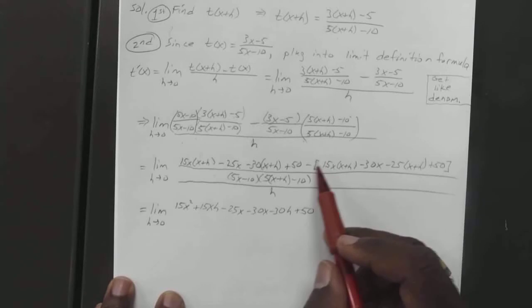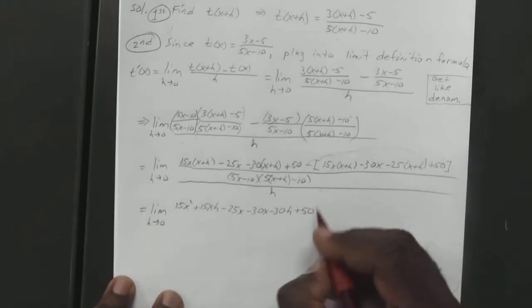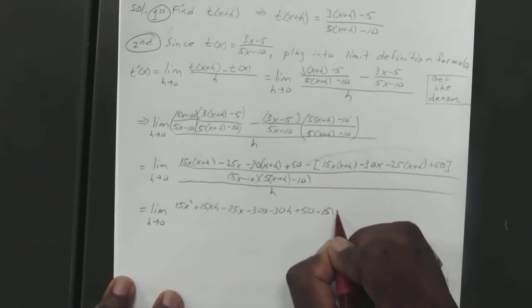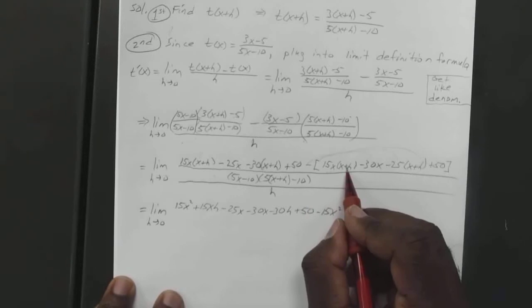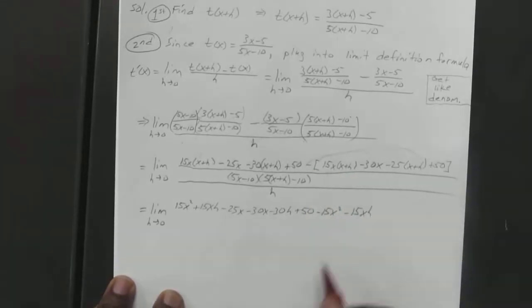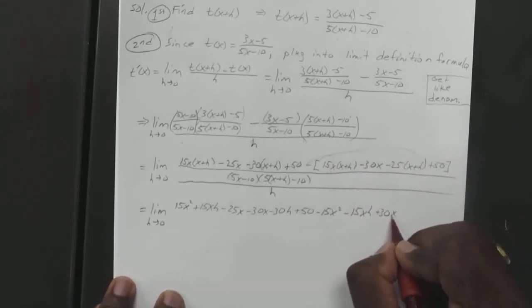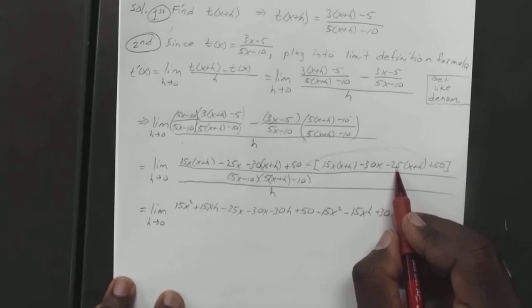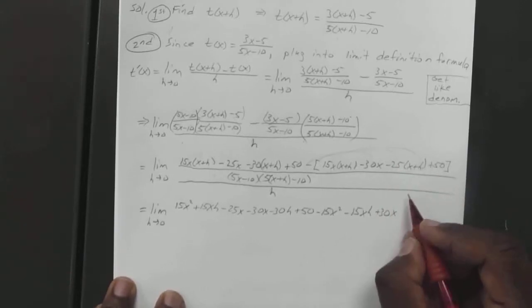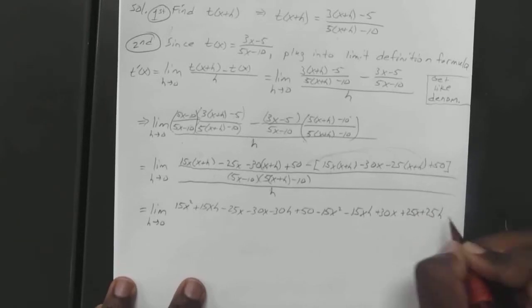And if we distribute the negative 1 in the second part, we end up with negative 15x squared minus 15xh plus 30x plus 25x plus 25h minus 50.